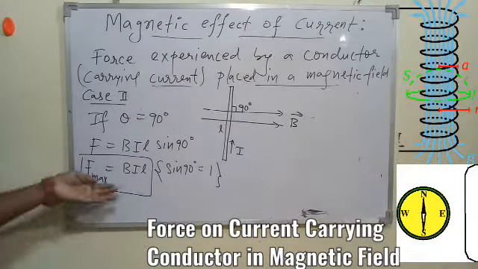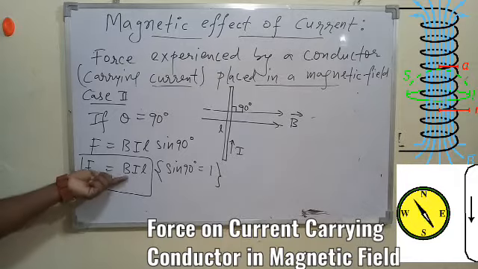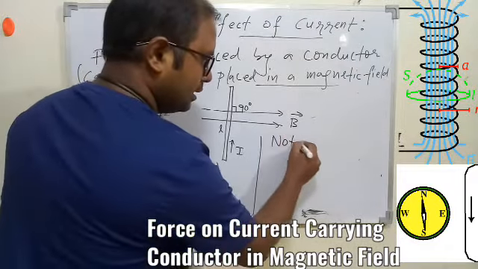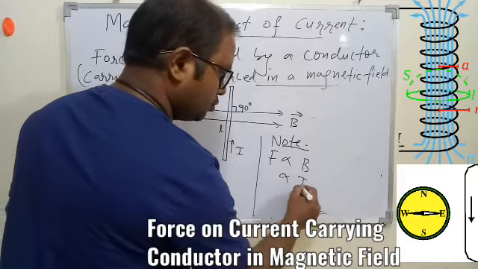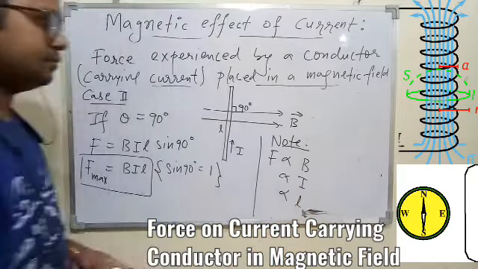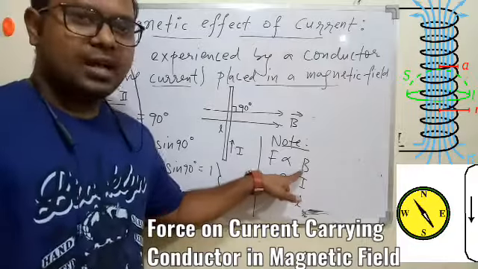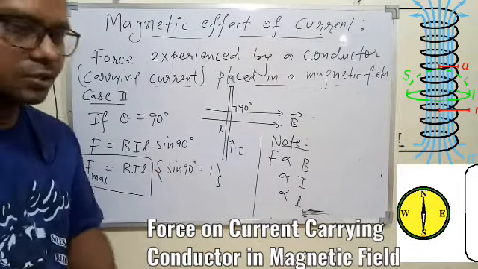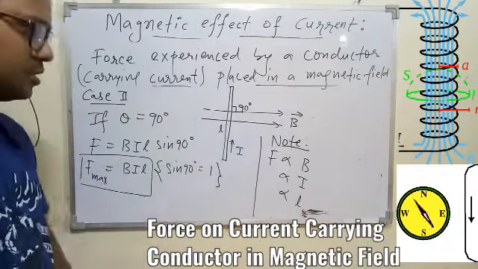And one more thing can be discussed here. If we have to increase the force in this case also, what can be done? Increase the magnetic field, because F is proportional to B. So overall in the note we can say that F is proportional to B, proportional to I, proportional to L. From this formula, it means the stronger the magnetic field, the more the force. It is understood, if the magnet is very strong, the force will be stronger, and that is what we are getting from this relation.